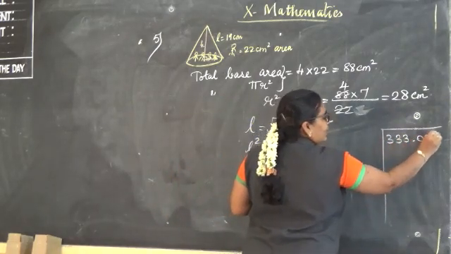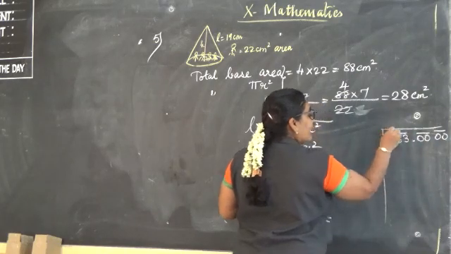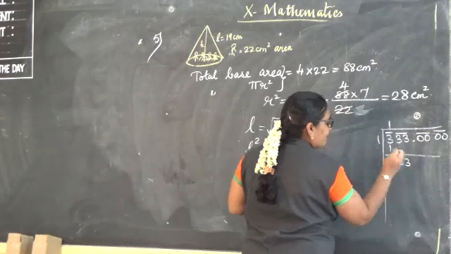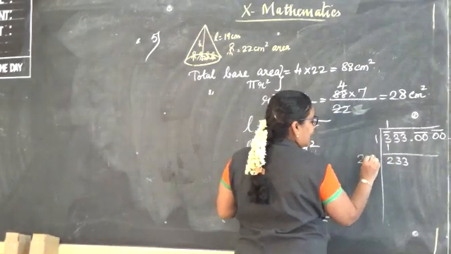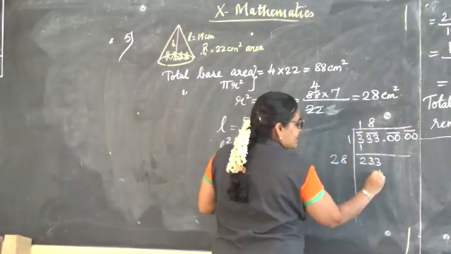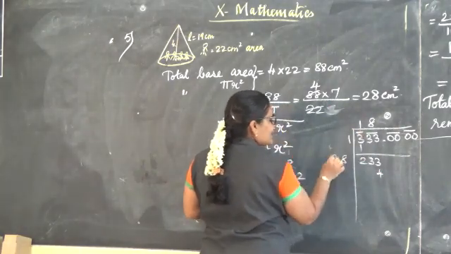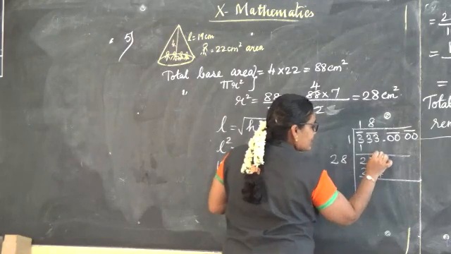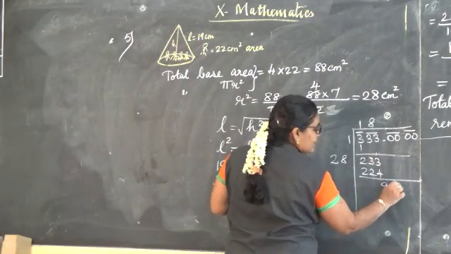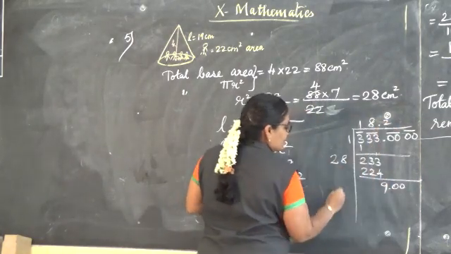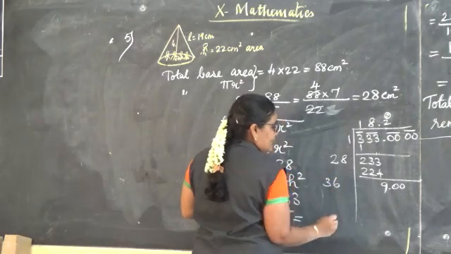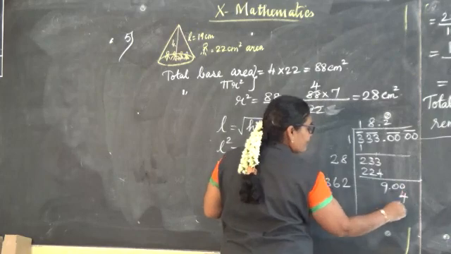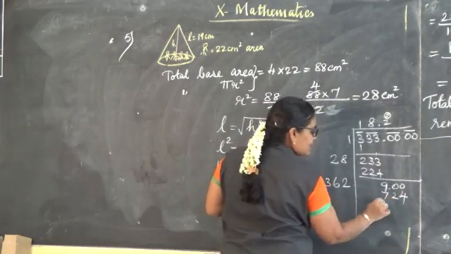Square root of 333, where you learnt in your lower classes how to find the value. 1 one is 1, then 233, so 2 times and 8, 8 8s are 64, 8 2s are 16, 22. Now again this is 13, 9, 0, 0, then 8 2s are 16, 36. Now when we take a 2, 2 2s are 4, 6 2s are 12, 7.